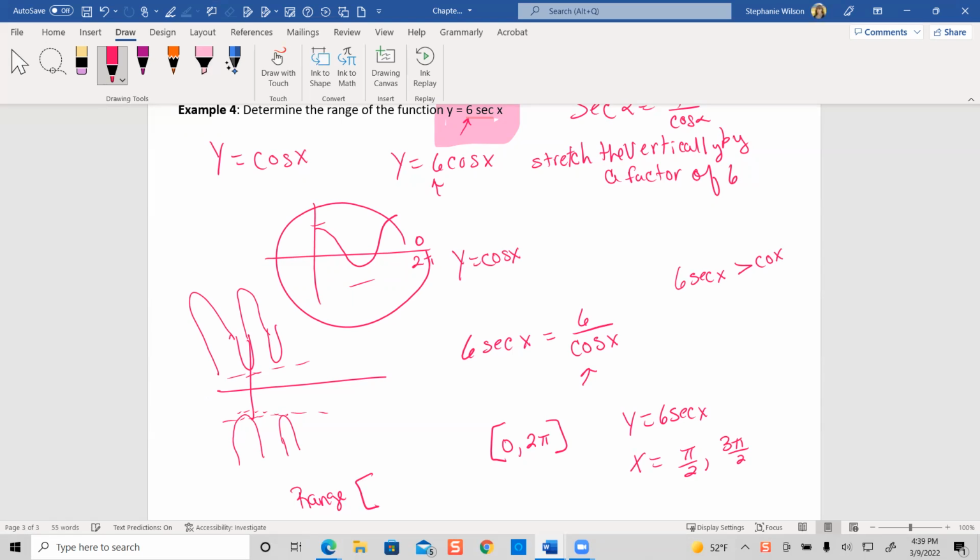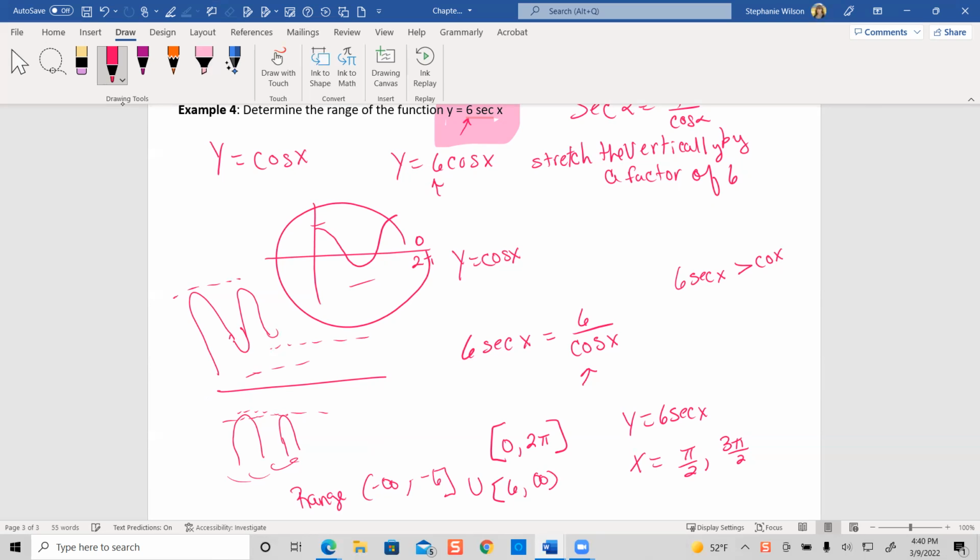Since it's continuously going on, and you notice there's 2 pieces here, right? We're going to have negative infinity, all the values down at the bottom to -6. We're including it. And it's going to union to 6 here, to the positive infinity.